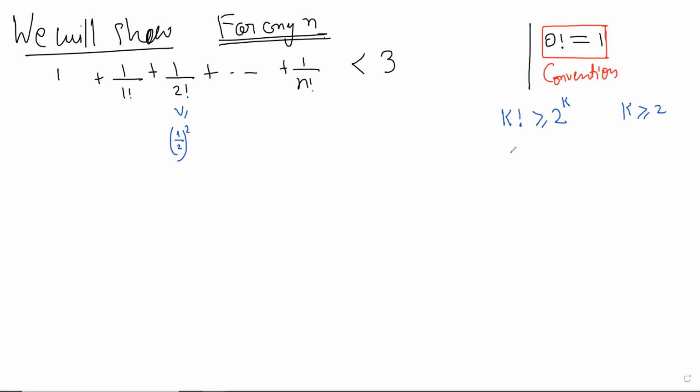No, less than. Sorry, I'm trying to say less than. See, there's no use in putting a lower bound, right? There's no use in saying this is greater than something because we eventually want to prove less than.